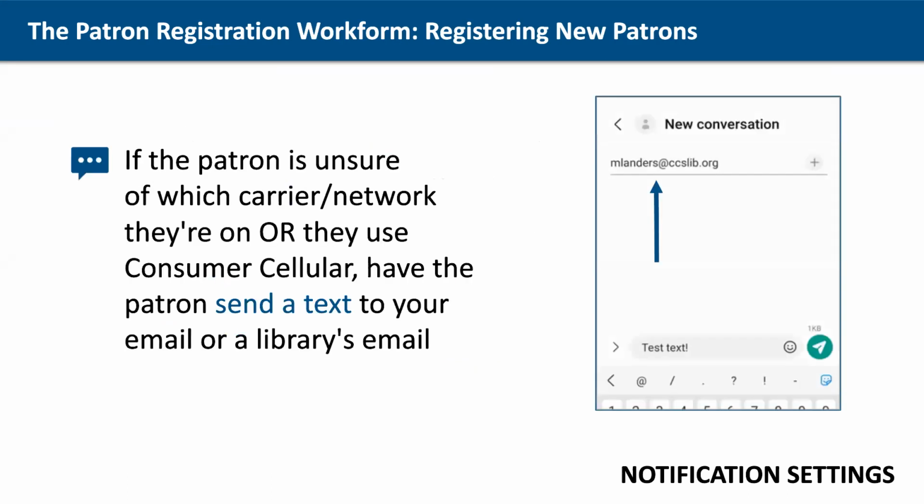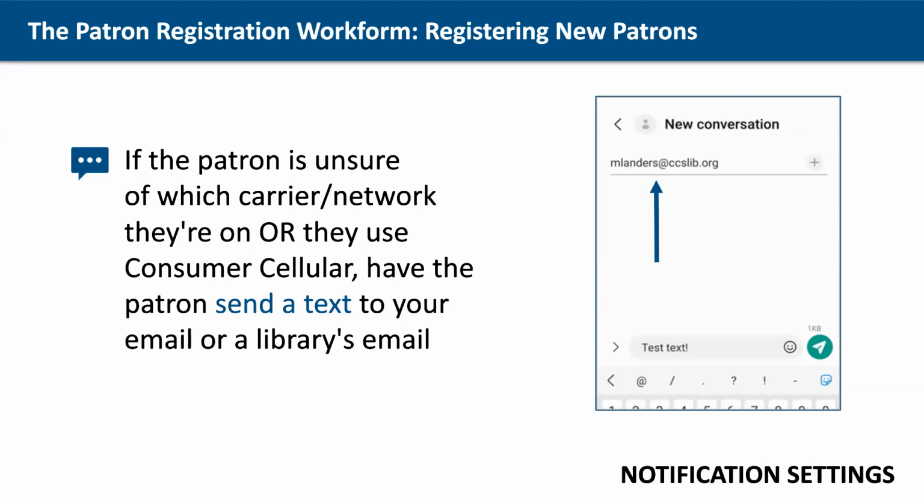So this is one of my new favorite tricks. If the patron is on Consumer Cellular, which piggybacks off of other networks, or if maybe they're not quite sure what carrier network they have, there is a little trick that the library can do to help the patron figure out what network they're on. If you're at the Notices Bootcamp in July, you already know this trick, but have the user text your email. Just like the email to text process, their text message will basically go through the reverse.